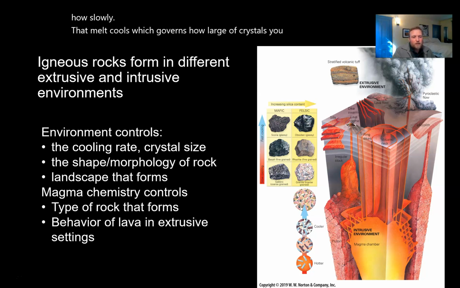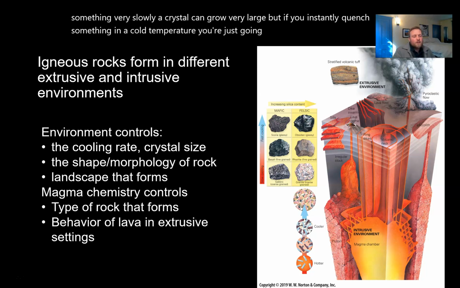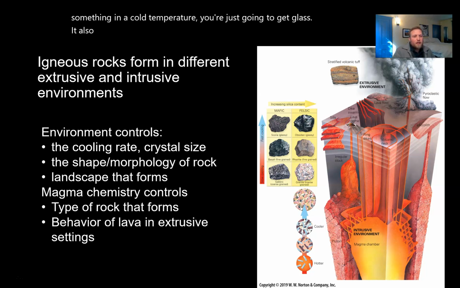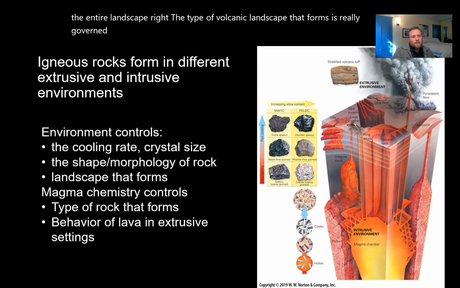If you cool something very slowly, a crystal can grow very large, but if you instantly quench something in a cold temperature, you're just going to get glass. It also controls the shape and morphology of the rocks that you get, as well as the entire landscape. The type of volcanic landscape that forms is really governed by these different environmental controls.